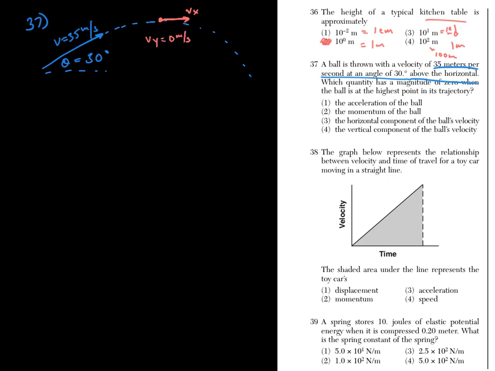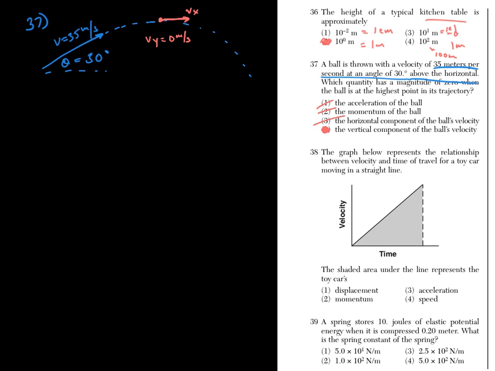The acceleration is still 9.81 meters per second squared going down. Momentum, it still has momentum in the horizontal direction. The horizontal component stays constant, and it's the vertical component that goes to 0 at the highest point because of gravity.